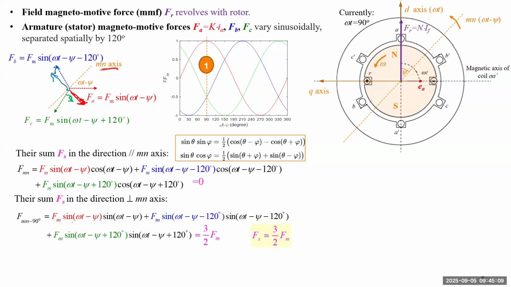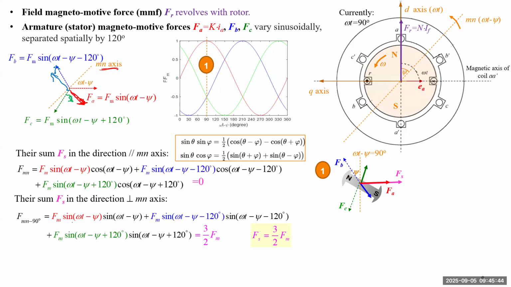Okay, just to give you an idea of what they may look like at 3 different moments. Let's pick this one as the first moment, because we know the positive direction and we know the magnitude value of each F, so we can draw them in the figure and try to determine the total F. For this moment, first, the direction of the MN axis is 90 degrees.